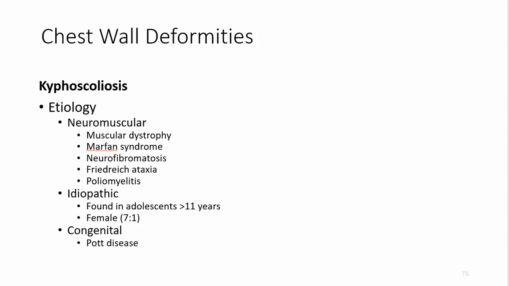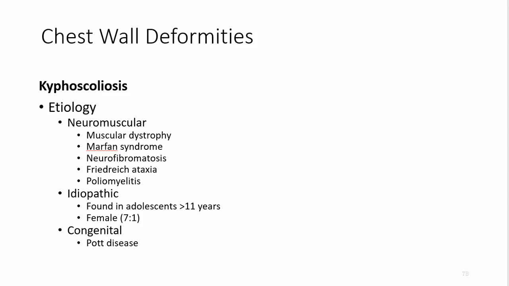That kyphotic curve gets exaggerated, the scoliosis gets exaggerated, means that there's no room for the ribs to move, there's no room for lung expansion. It's actually being compressed by the deformity of the skeleton. All kinds of different reasons that you might get kyphoscoliosis.